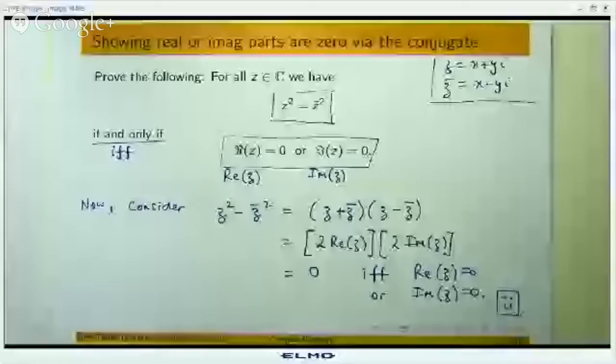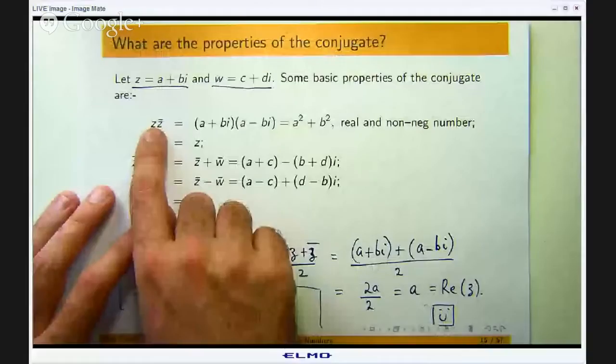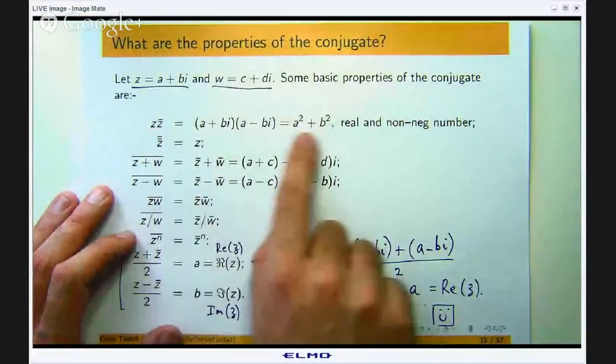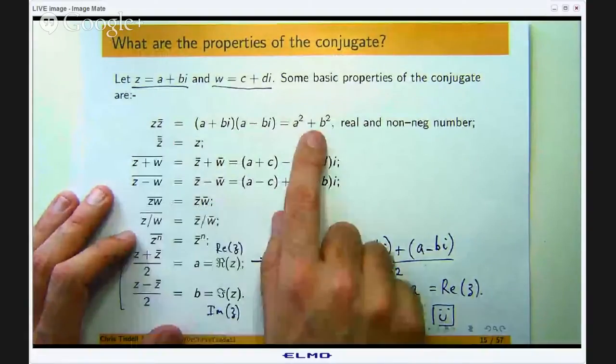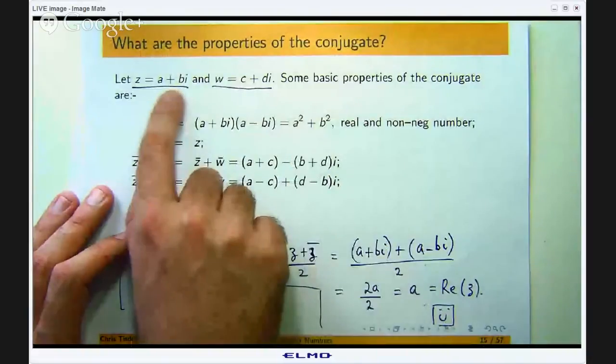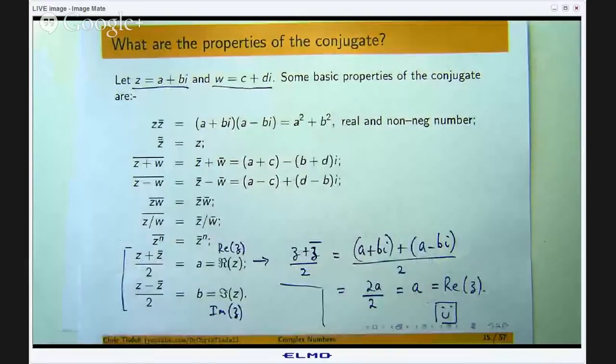Now, let me just share my screen again with you. One part, in the very first part in this list, z times its conjugate, or z times z bar, is the sum of the squares of the real and imaginary part of z. Now this turns out to be the square of the distance from z to the origin.